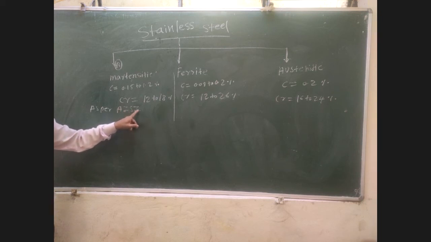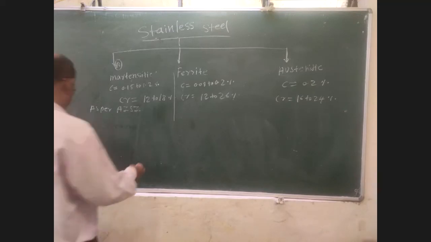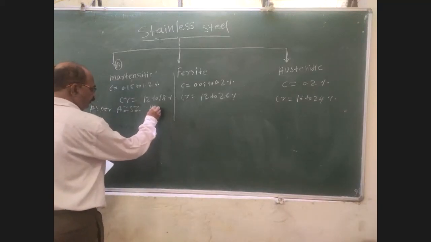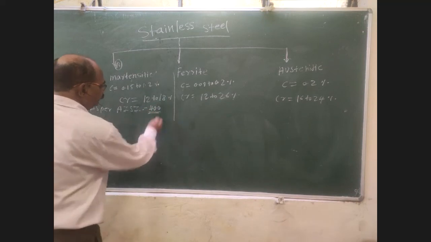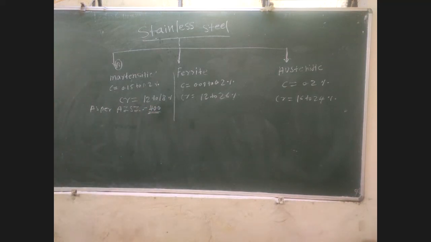American Iron and Steel Institute. The number is given. This number is the 400 series. If you go in American standards, 400 series means martensitic stainless steel.